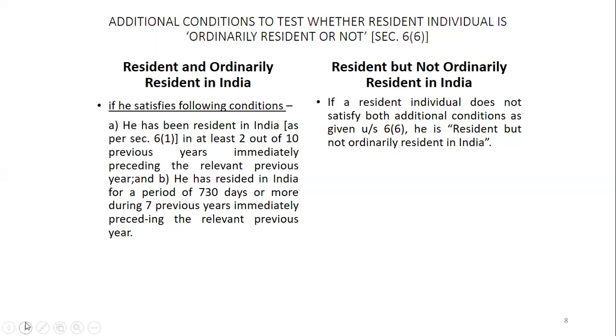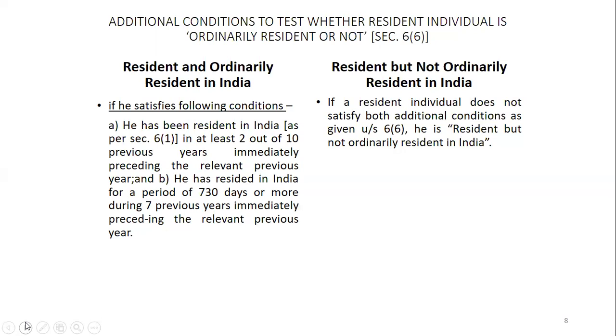There are some additional conditions to test whether the resident individual is ordinarily resident or not, which are mentioned under section 6 subsection 6. A resident and ordinarily resident in India will be one who satisfies the following conditions.